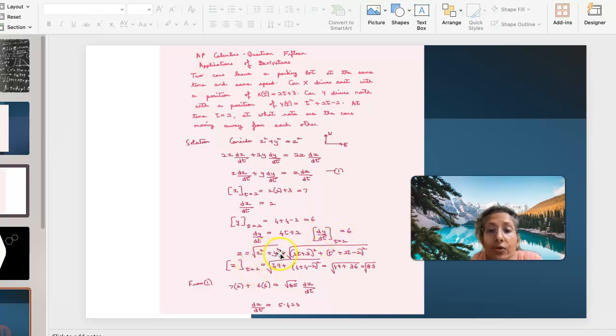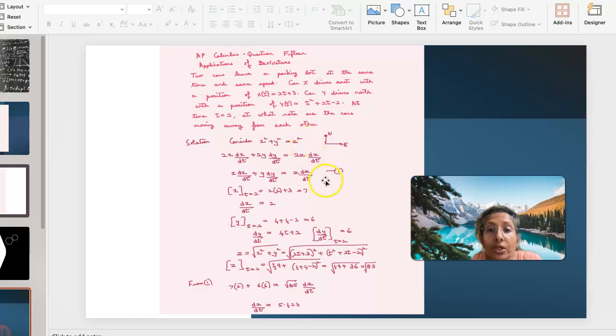And z is the square root of x squared plus y squared, that is the square root of (2t plus 3) the whole squared plus (t squared plus 2t minus 2) the whole squared. When you simplify at t equal to 2, you get root 85.